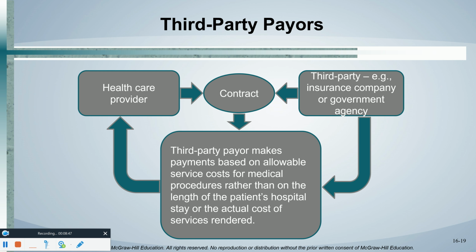But in the contract that the healthcare provider signed with the insurance company, let's say the insurance company said, we are going to pay you $6,000 for this service. So the journal entry that you are going to see on the healthcare provider's records is as follows.